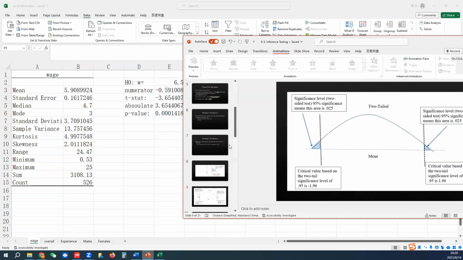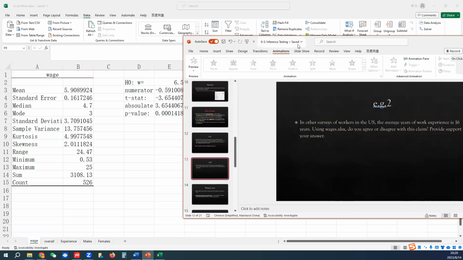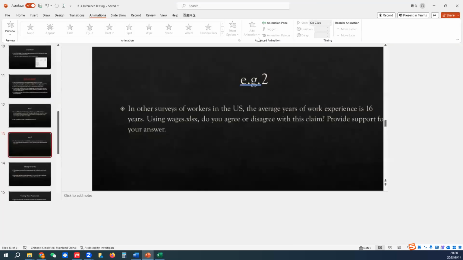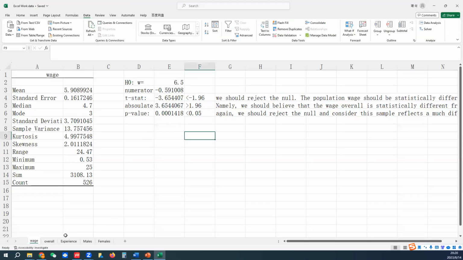So that's question 1 here about the wage. Let's look at question 2, which is the work experience. The first thing that we need to do is the hypothesis.